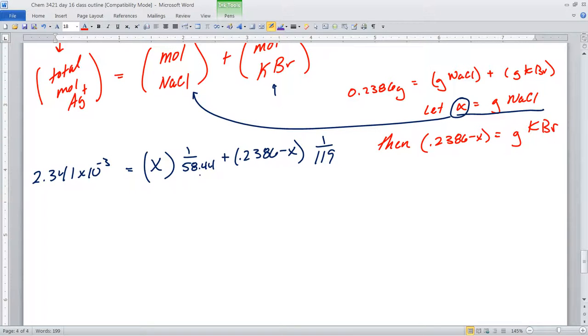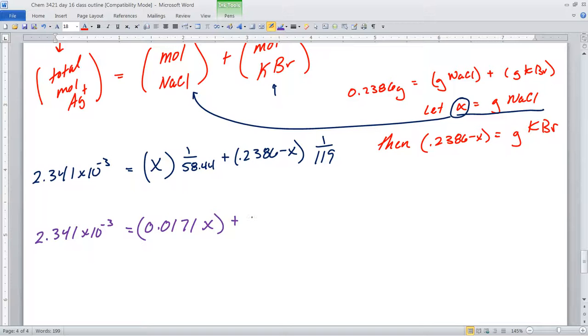Let's just simplify it mathematically, so I don't lose you. 2.341 times 10 to the negative 3 equals 1 over 58.44, which is 0.0171 x, plus 1 over 119 times 0.2386.